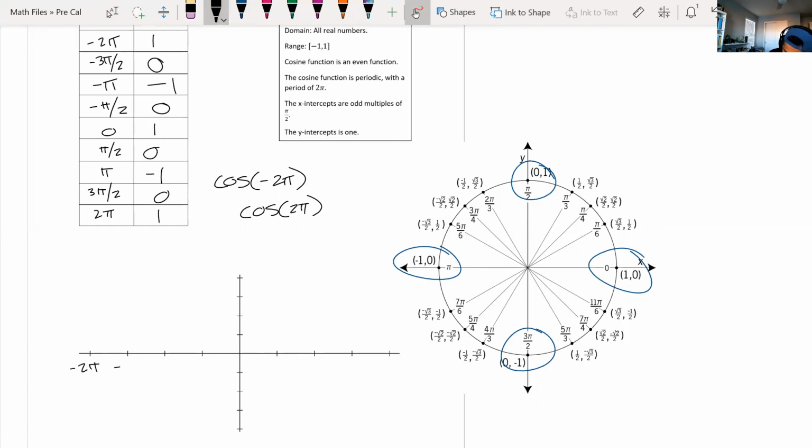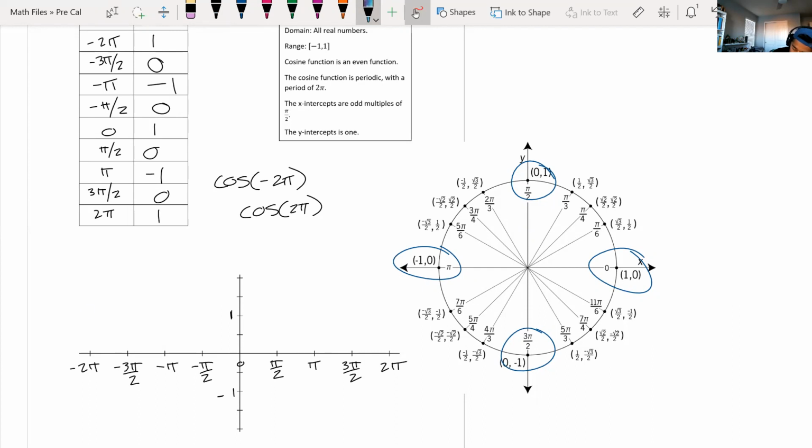Then label this. Highest we go is 1. Lowest we go is -1. All right. And plot.